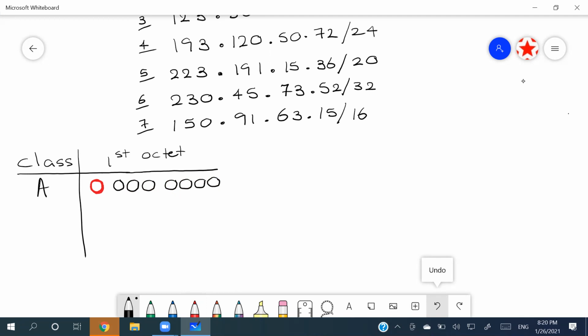The first bit, which I called the leading bit, so this is called the leading bit. It cannot be changed. So from this, it's going to indicate a 0.